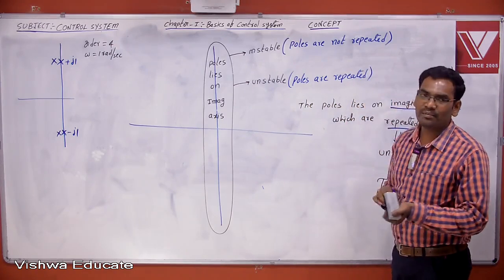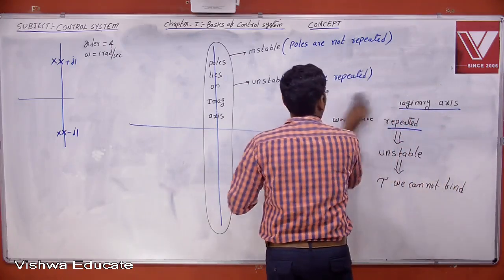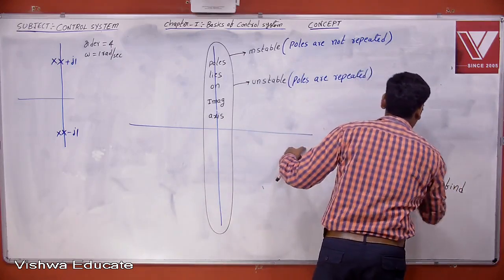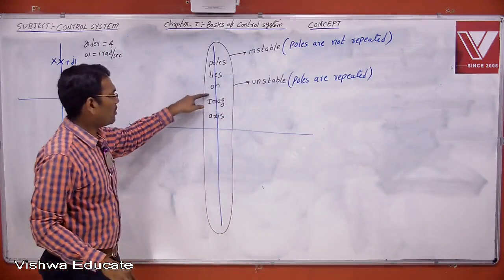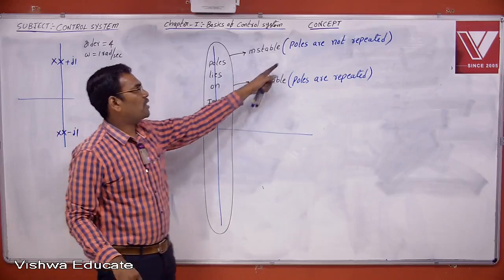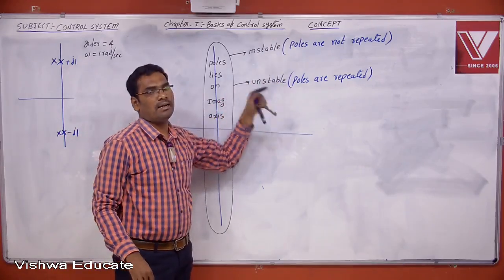If the poles lie on the imaginary axis and are not repeated, marginally stable; if they are repeated, unstable.